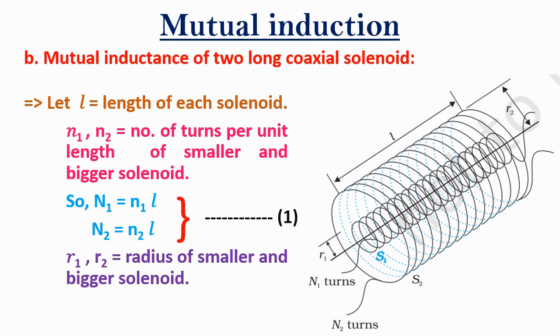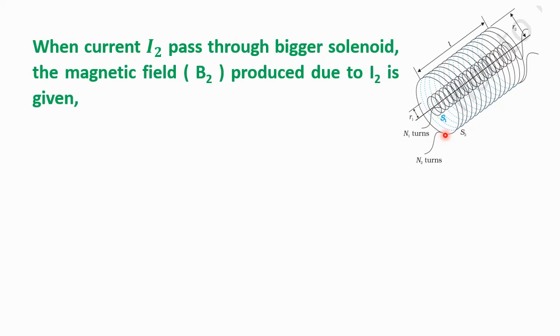Again, let R1 and R2 be the radius of the smaller and the bigger solenoid. Now the first thing we do is pass the current through the outer solenoid. Let I2 be the current flowing through the outer solenoid, and it produces a magnetic field represented by B2.